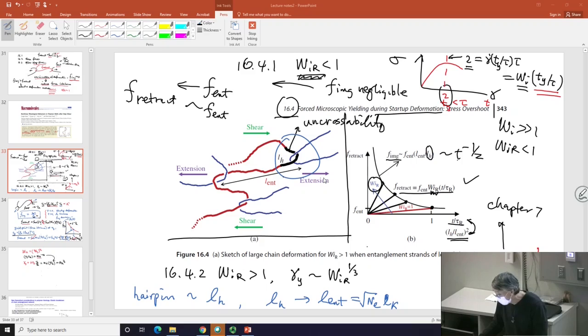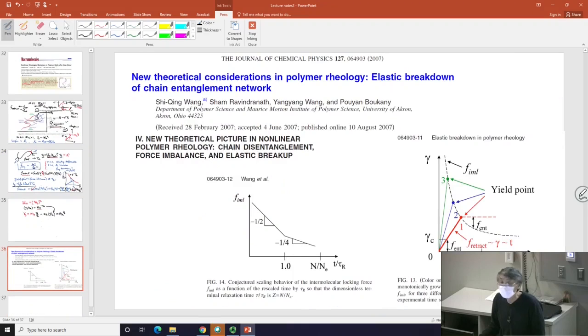So that's all. This more well-motivated scaling argument is actually all recognized in our initial paper. So just by looking at the experimental data, we already know our conceptual gripping force is a decaying function.